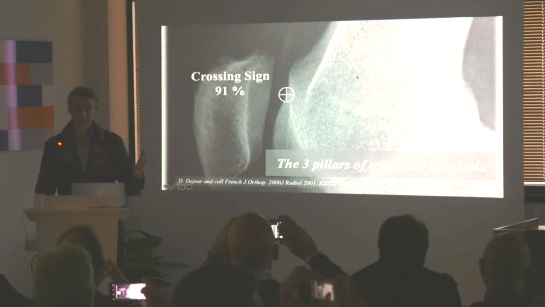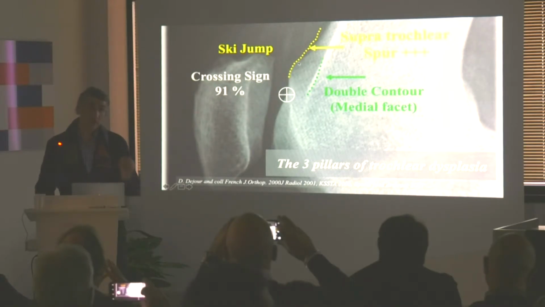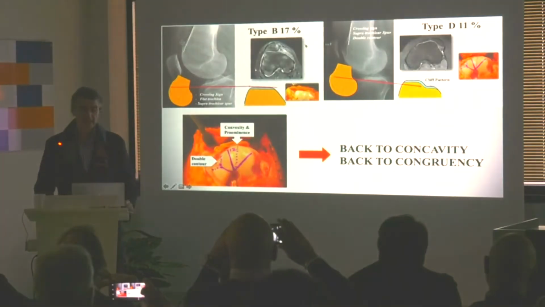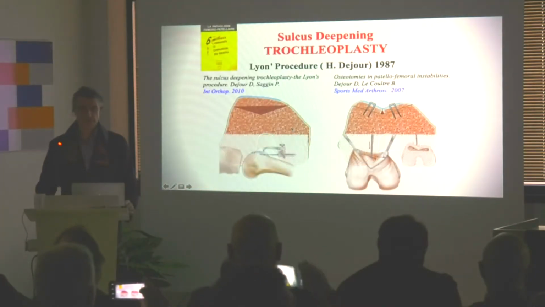And this is perfectly the best indication when you have this bump, when you have the double contour, when it's a type D. This is definitely the best, along with type B, because in type B you have this prominence. The goal of the trochleoplasty is also to remove that. So the best indication is in types B and D, to remove this convexity and to go back to concavity and congruency for sure.